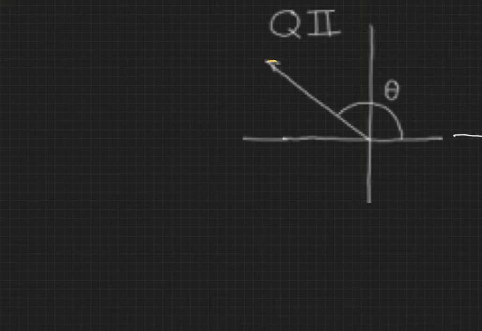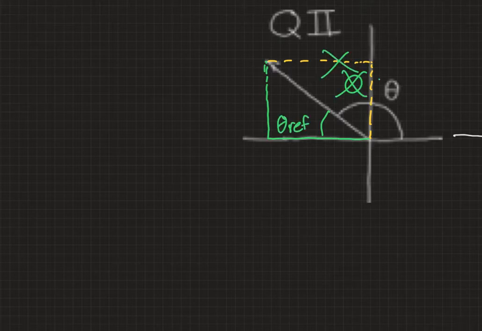Well, we could break it into this horizontal component and this vertical component, but those aren't the ones I want you to use. I want you to use this vertical component and make this your reference angle, not this, okay?